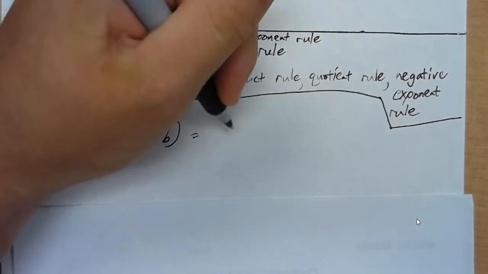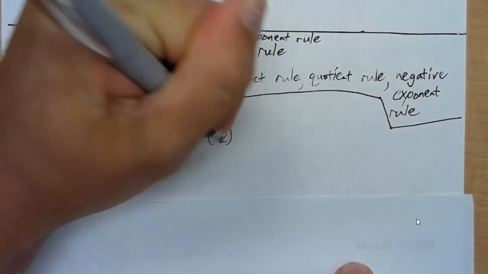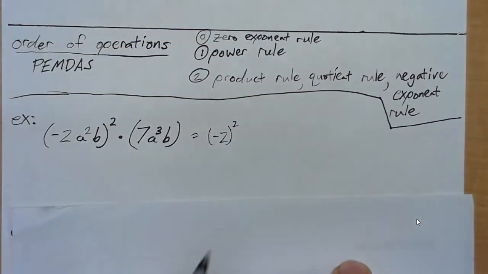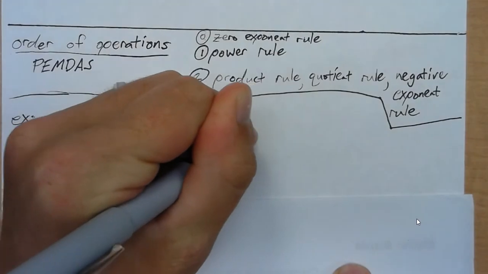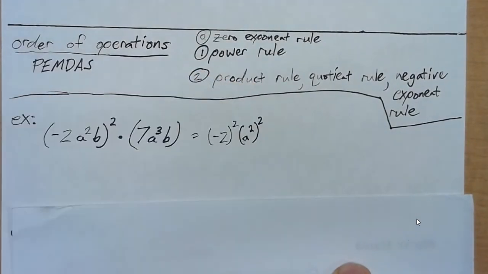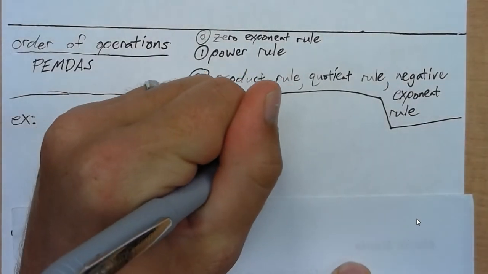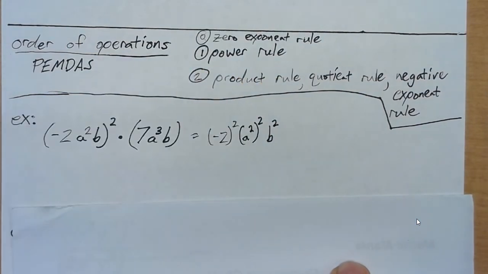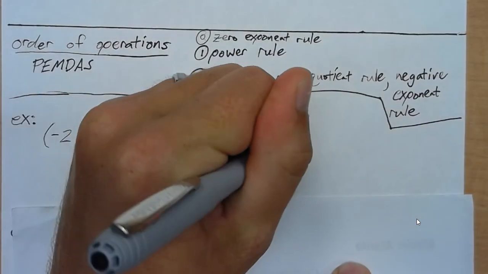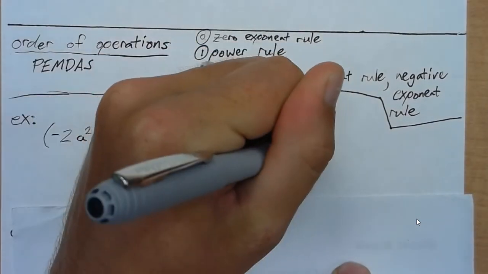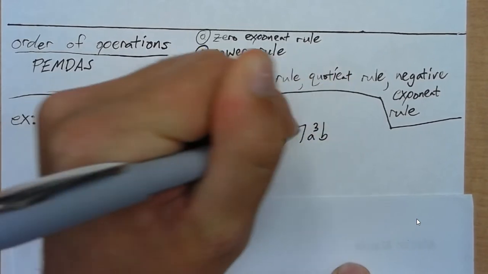So that's going to give me negative 2 squared. Make sure that negative 2 is in parentheses. It's negative 2 times itself. Then we have a squared squared and b squared. The second part's remaining unchanged for now.